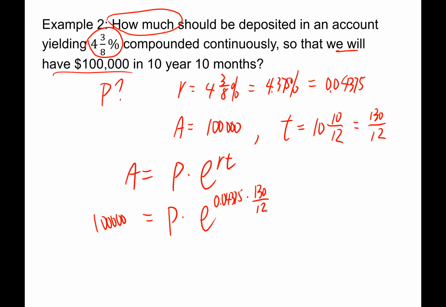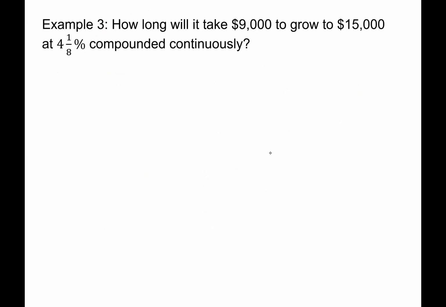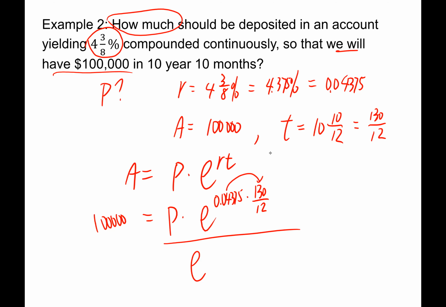Now basically you just have to get rid of this exponent on both sides of the equation by dividing by e to that power. And if you want to multiply this by 130 and turn it into a single number, we can do that. Let's see what that is. 0.04375 times 130 is 5.6875. So if you want to simplify, you can turn it into a single number.